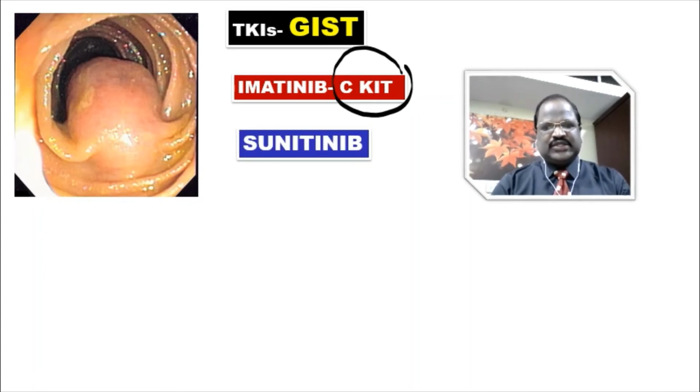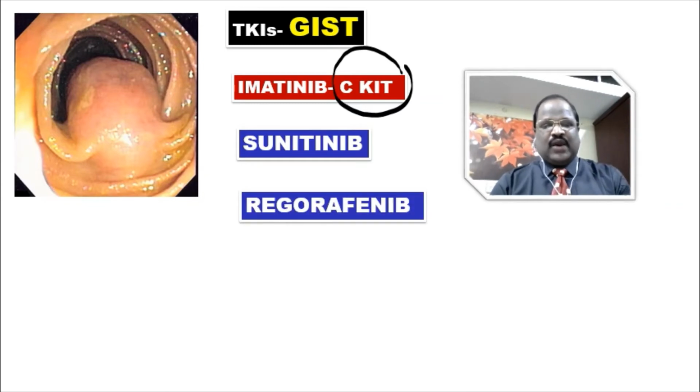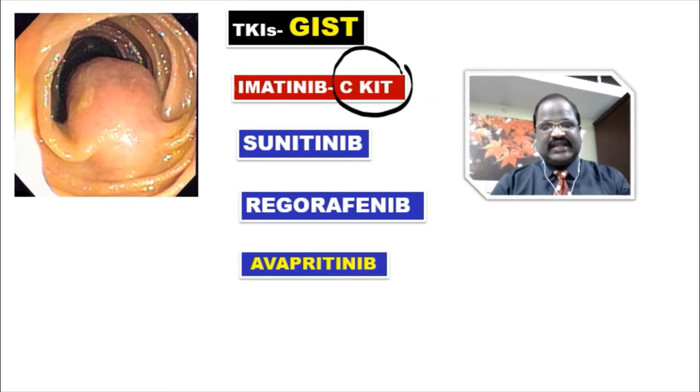So the next drug is sunitinib. Other than imatinib and sunitinib, we have some more newer drugs useful for GIST. They include regorafenib, one new drug. One more latest drug is avapritinib. All these are tyrosine kinase enzyme inhibitors useful for treatment of gastrointestinal stromal cell tumor.